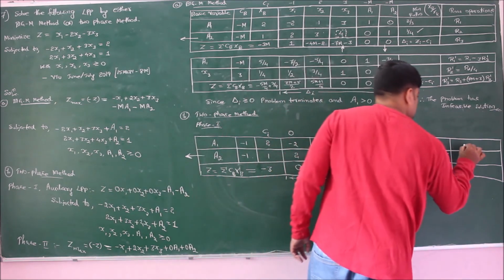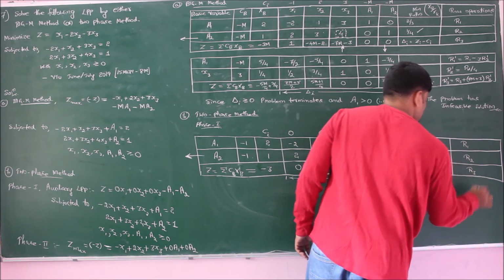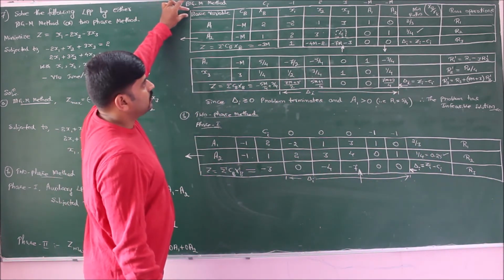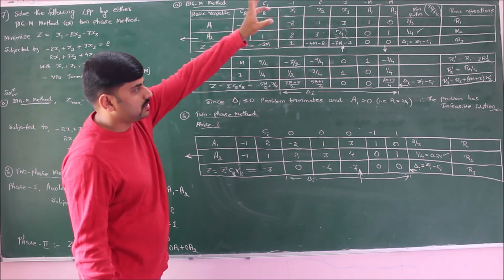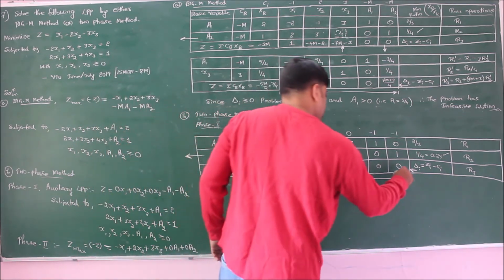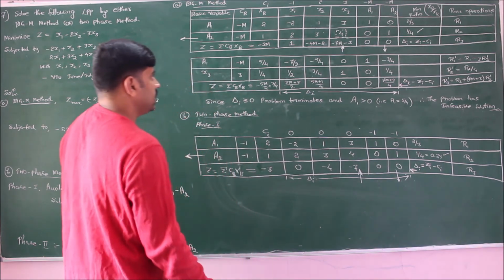Let us mark these rows as row 1, row 2, row 3. The headline I have retained the same, that is basic variable cb, xp, x1, x2, x3, a1, a2, minimum ratio, row operations. So therefore A2 will leave the matrix and x3 will enter the matrix.